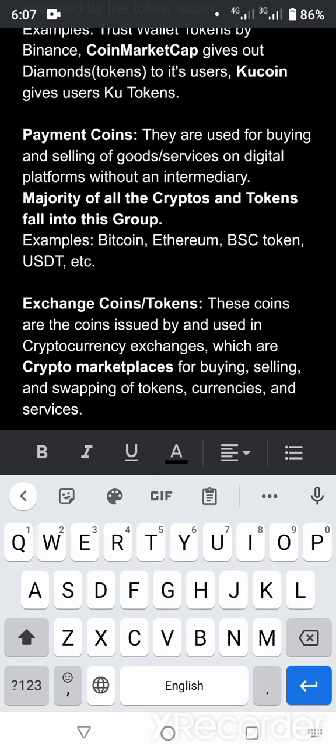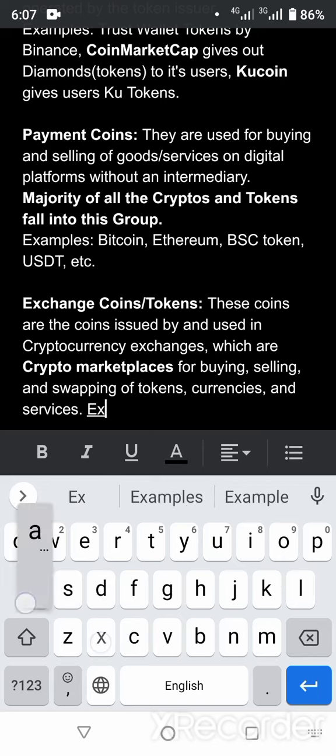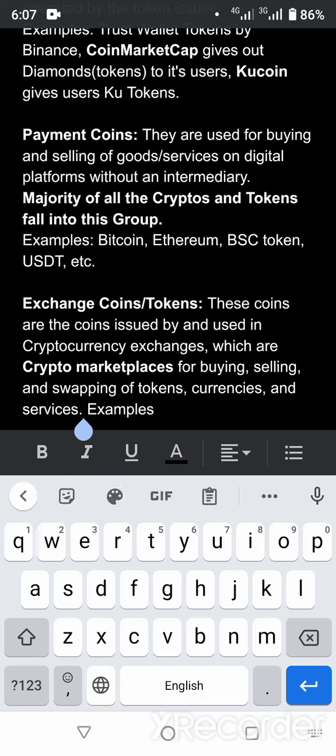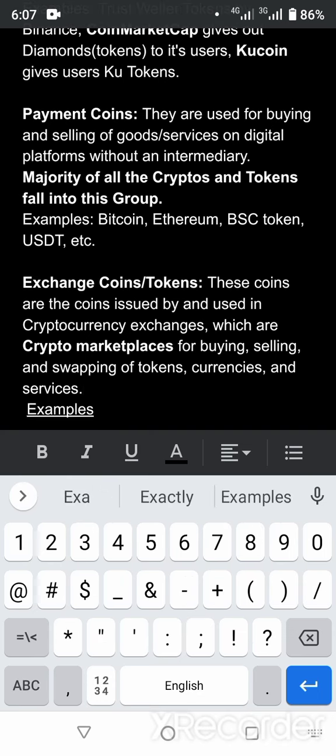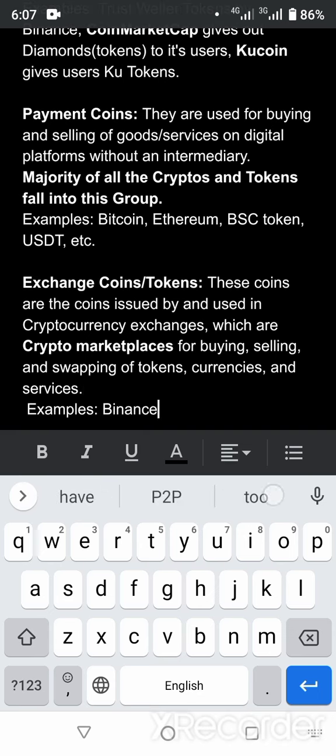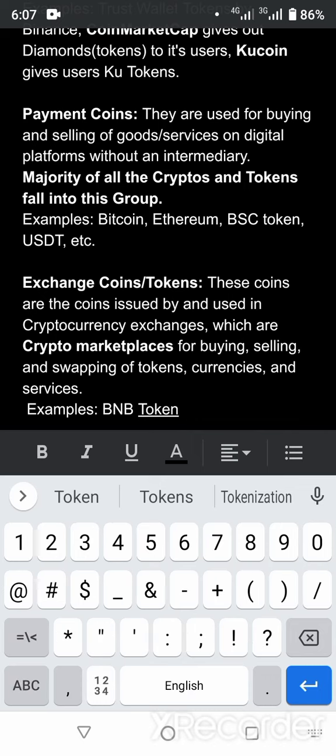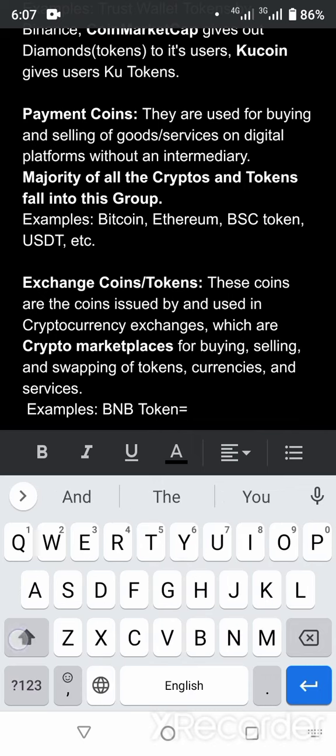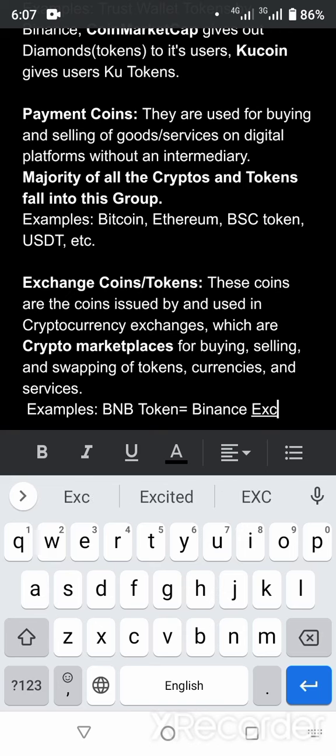For instance, examples, we have the Binance token, the BNB token. BNB here refers to the Binance token, which is the BNB token for the Binance exchange.